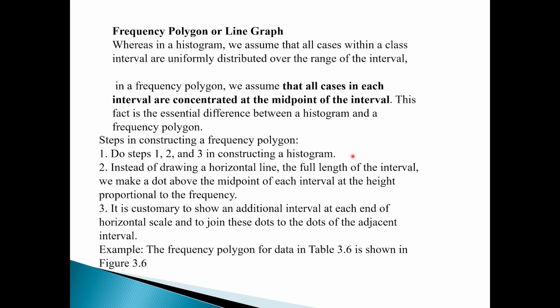However, the difference is that instead of drawing a horizontal line representing your bar, okay, you actually put a dot. Okay, you put the dot there at the midpoint. Now, after doing that for each class interval, you connect those dots. And that's how you essentially create your line graph.